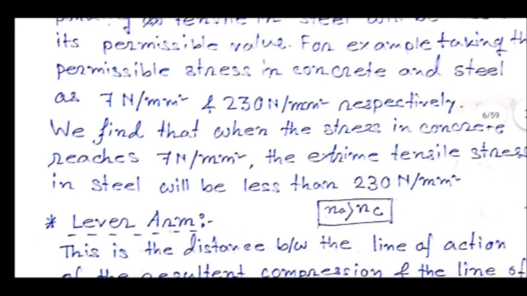Now we find that when the stress in concrete reaches 7 Newton per millimeter square, the extreme tensile stress in steel will be less than 230 Newton per millimeter square. That means the actual neutral axis in this case is greater than the critical neutral axis. Now in case of the cross section of the rectangular section, from the top fiber, the position of the actual neutral axis is deeper than the critical neutral axis. Yeah, I think this is clear.